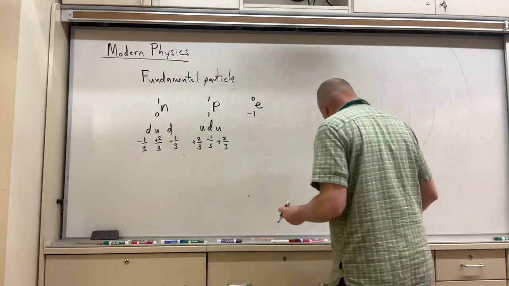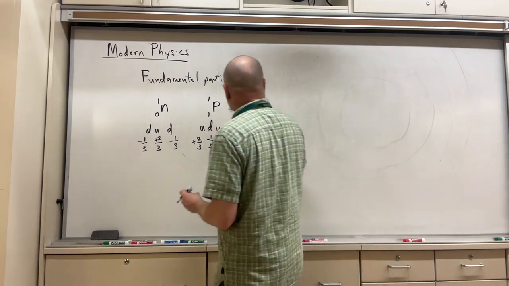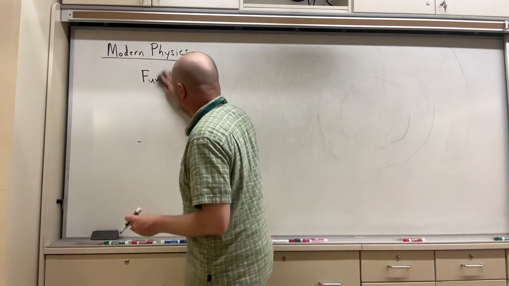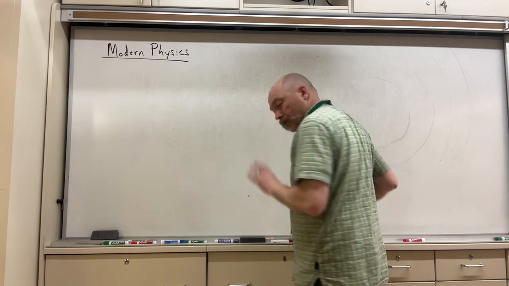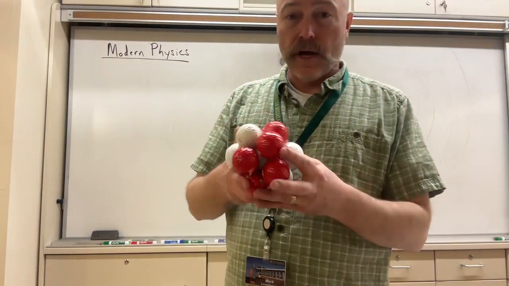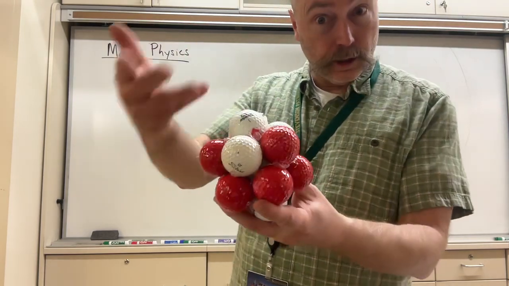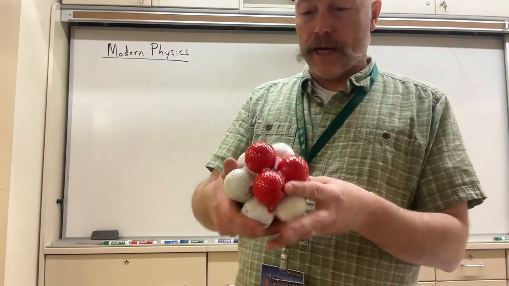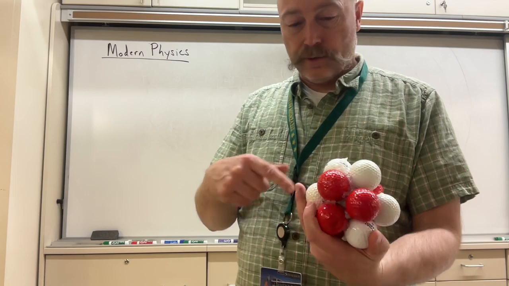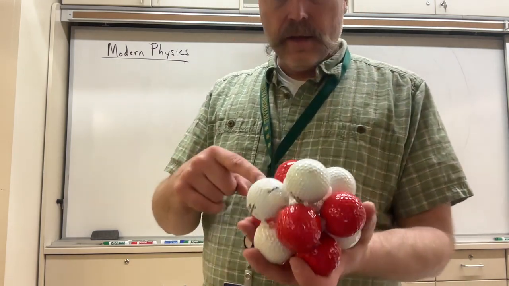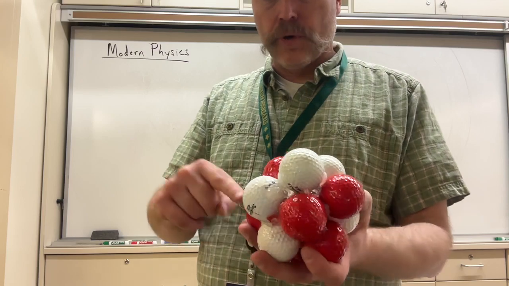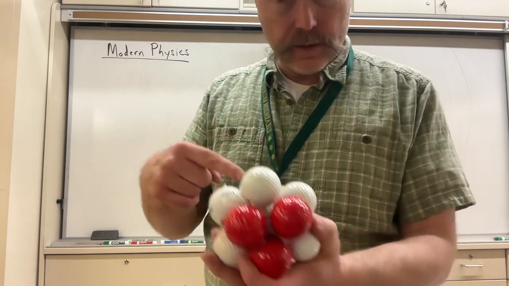So then let's talk about what actually happens if you have nuclear decay. A couple of things I want to go through with you. I love golf, so I have my golf ball model of an atom. I don't remember what I did in other videos, but we're going to say that the red are my protons and the white are my neutrons.